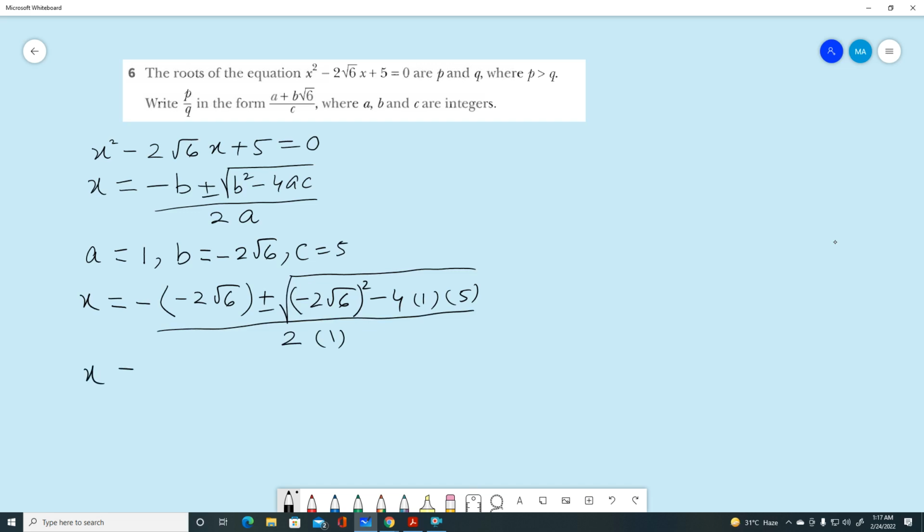So x is equal to minus minus, plus 2 root 6 plus minus.